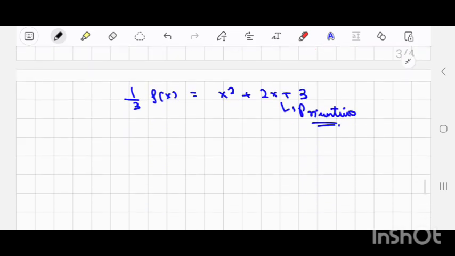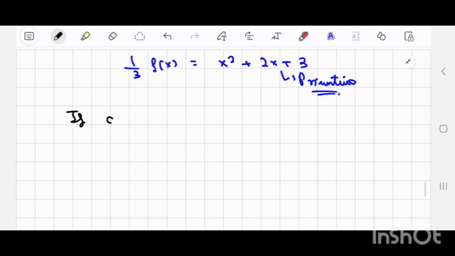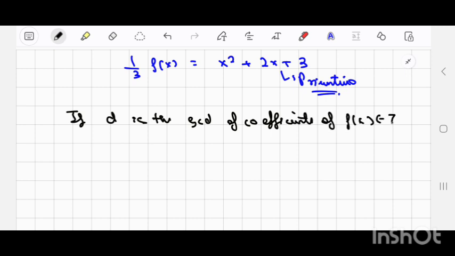Nevertheless, fine. So what we observe in a more general sense is that if D is the GCD of the coefficients of f(x), let's say in Z[x], or rather this also holds for polynomials in general, but since we are talking about effective division, and rationals and integers are the ones we are concerned with typically, then 1/D multiplied by f(x) is a primitive polynomial.